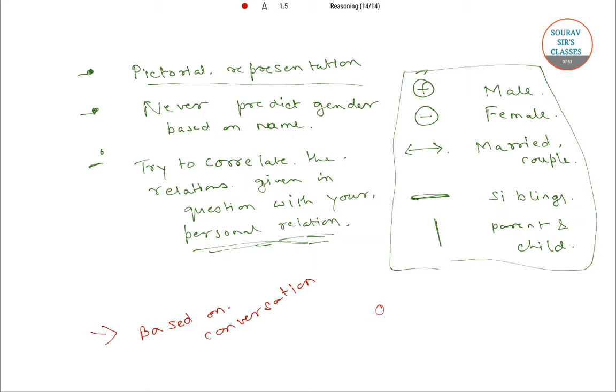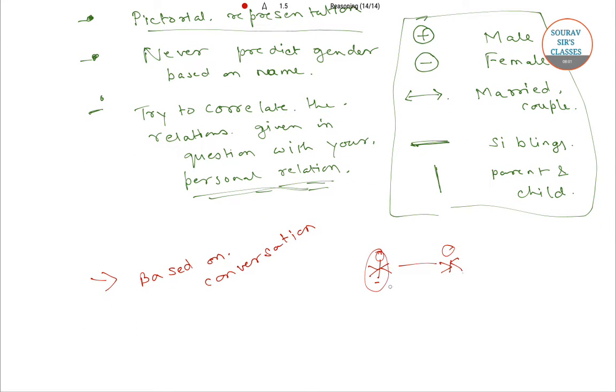That is, there is a conversation between two persons, and one of them is pointing towards a picture or a person, saying that this person is related to either the speaker or the hearer in a certain way.